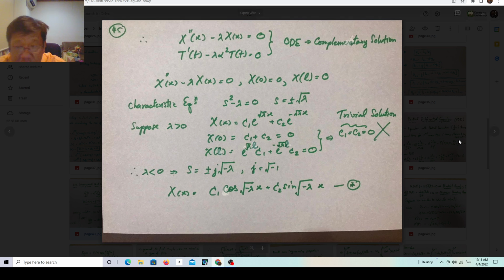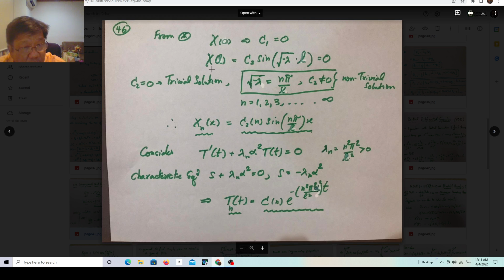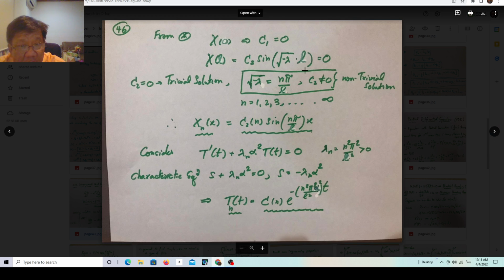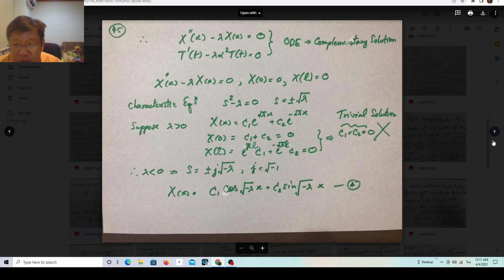So for the second term, what happens when you put x equal to L? You get c sub 2 sine of square root of minus lambda times L, and you have to make this equal to 0. One way is that c sub 2 is equal to 0, but if you use c sub 2 equal to 0, you end up going back to the trivial solution.